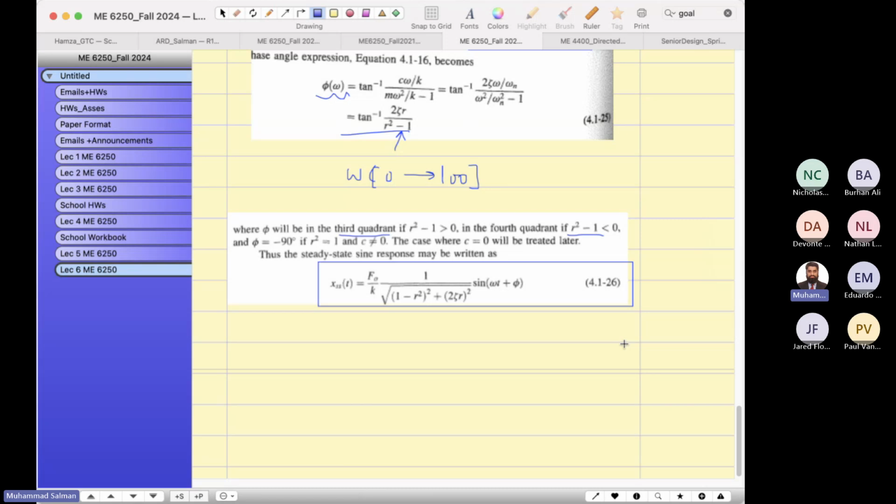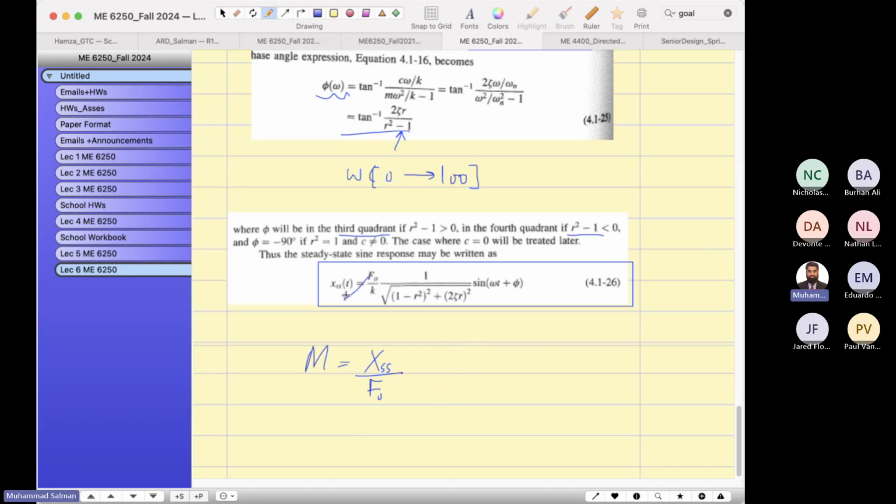Now I want to show you the steady state magnitude ratio for this mass spring damper system. The magnitude ratio is x over F naught, steady state. SS stands for steady state.